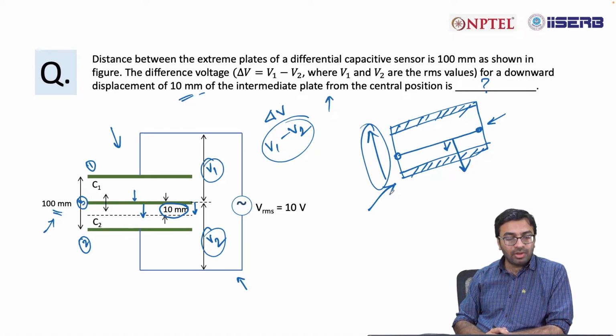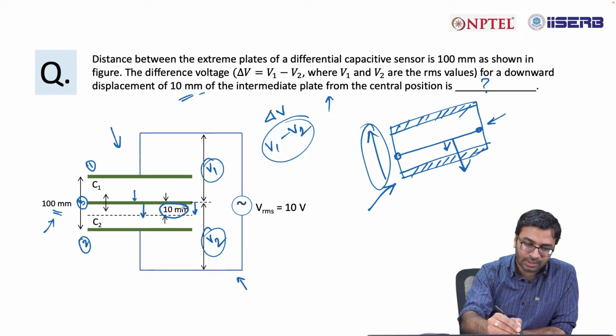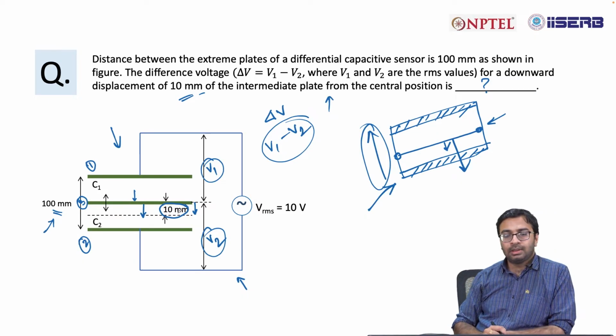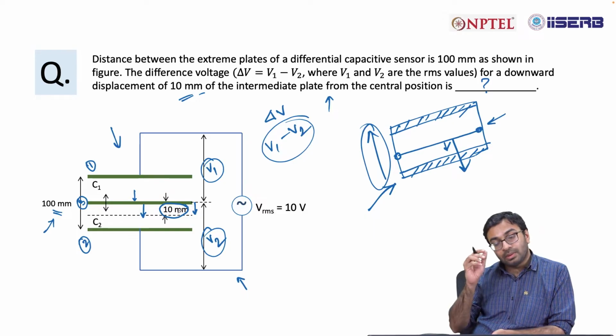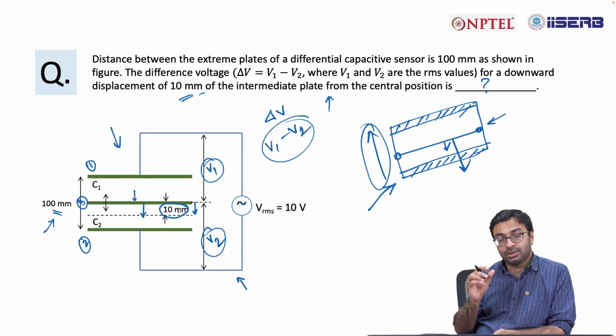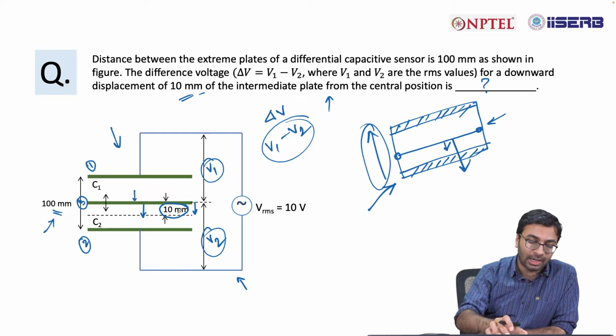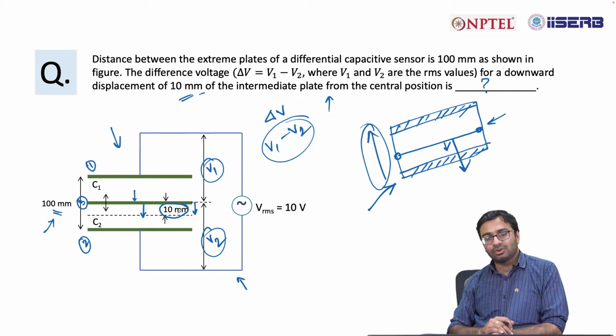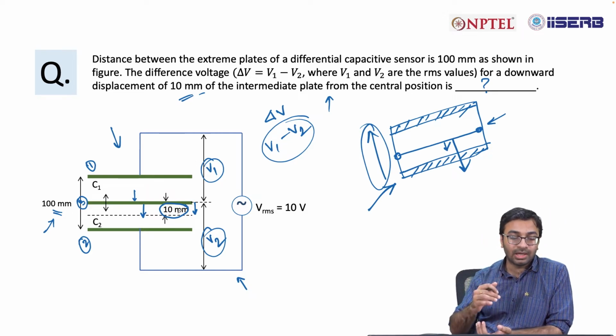Now if you can figure out the differential voltage for this 10 mm displacement, then from that particular voltage you can also calibrate the entire sensor system. It's not a single measurement, you need to take multiple measurements.